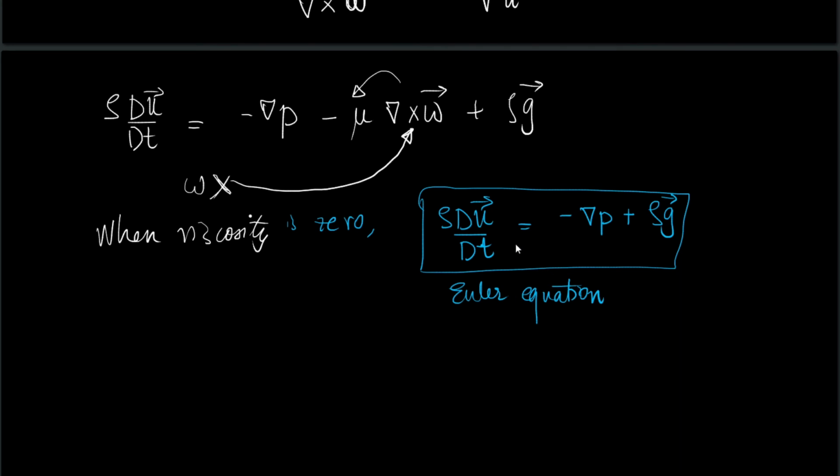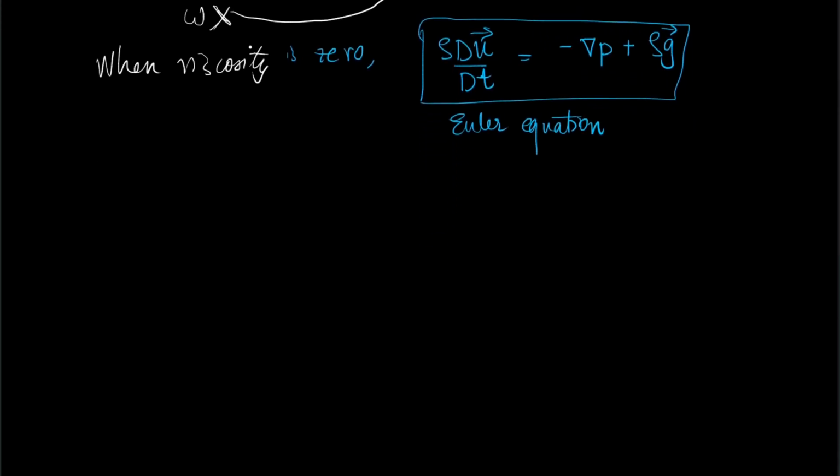Now we could have derived this Euler equation from a different viewpoint also. We can derive the Euler equation from simple momentum conservation principles. Let us consider a streamline on which there is a fluid element.